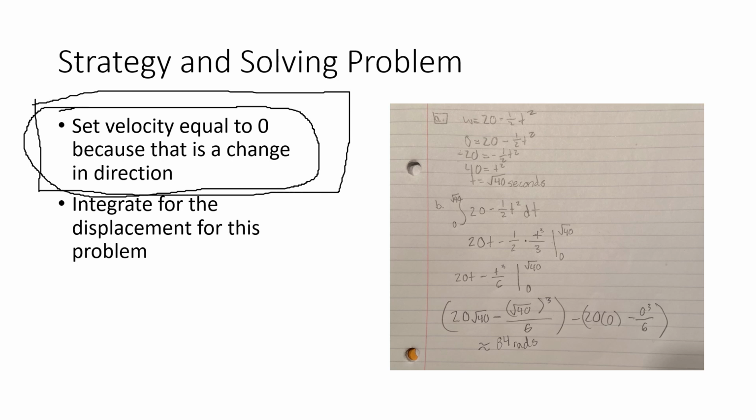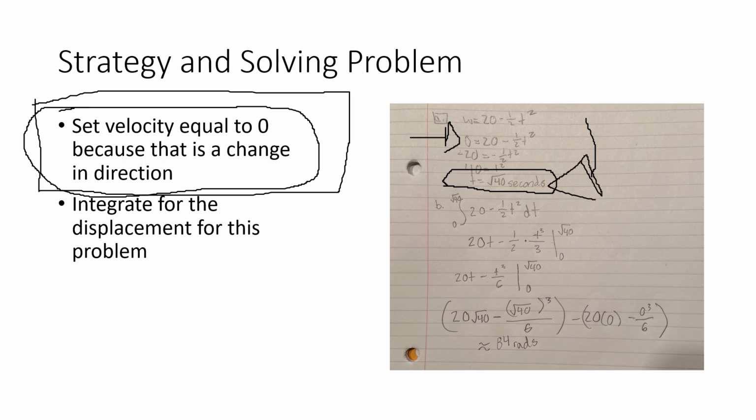So here I solve for velocity being 0 by setting w to 0 and solving for t. This allows me to find t, the time in which the velocity is 0, and basically whenever the car switches from going forward to going backwards.